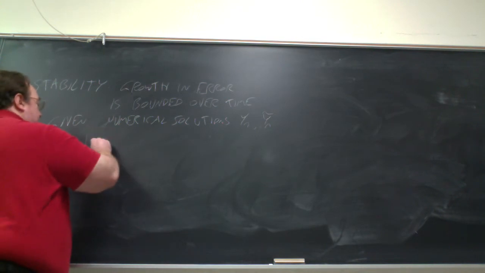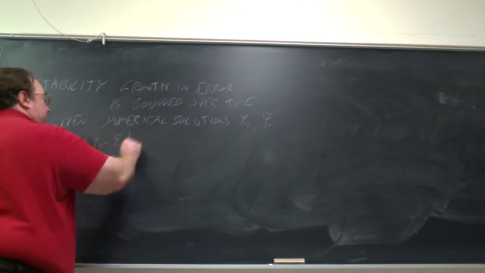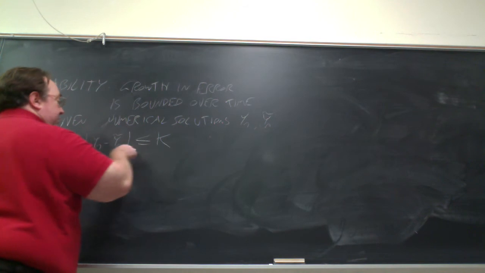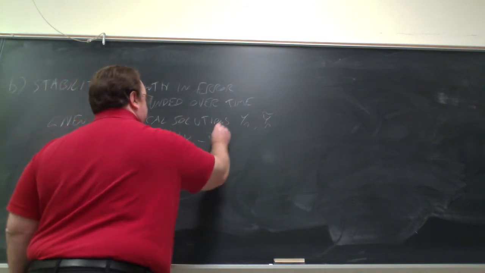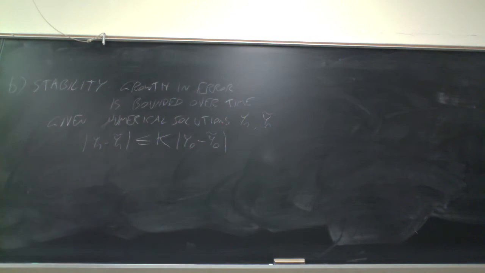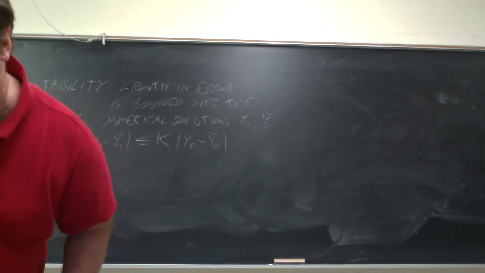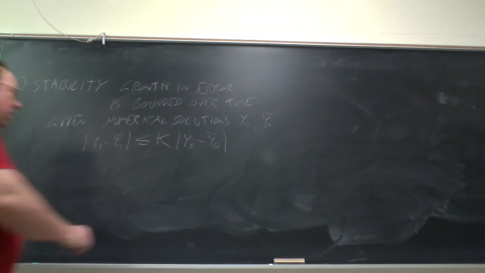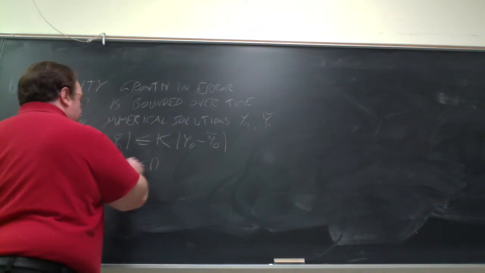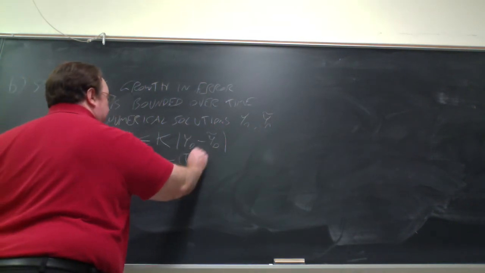So stability means that the difference between these two solutions is less than or equal to some constant k times the difference in the initial data. And that's for all n between 0 and however many time steps you take.